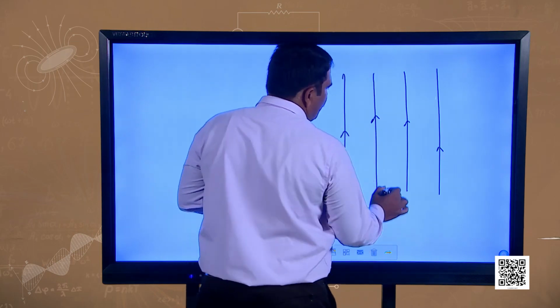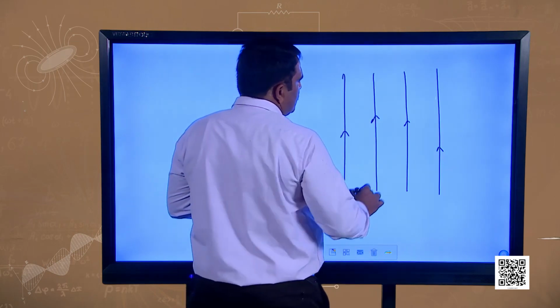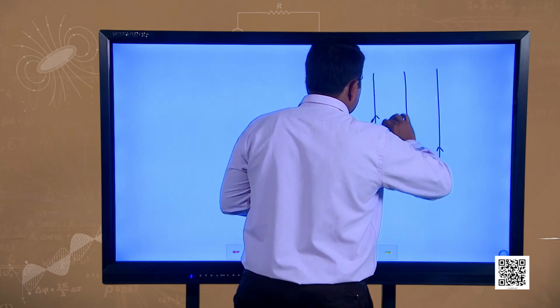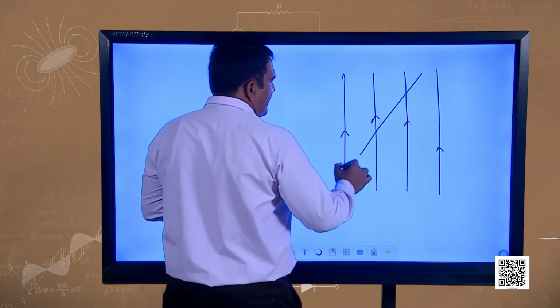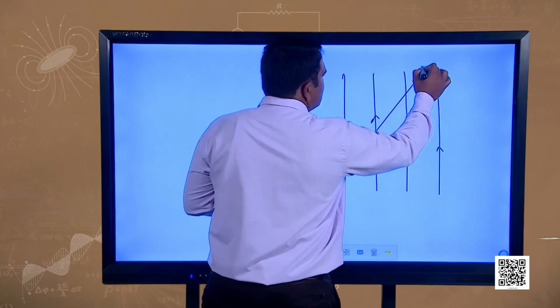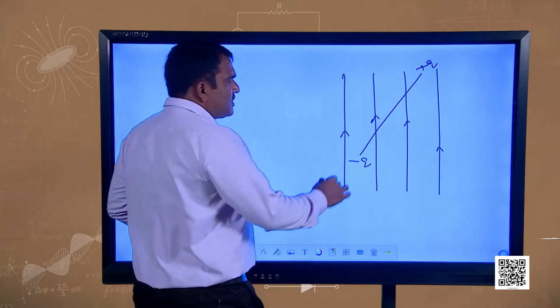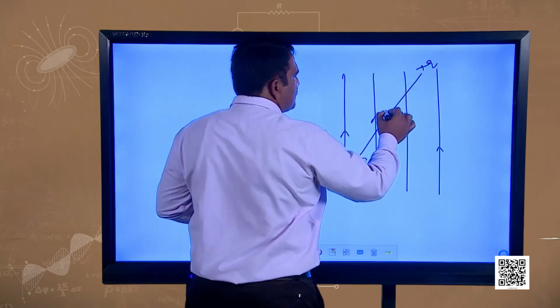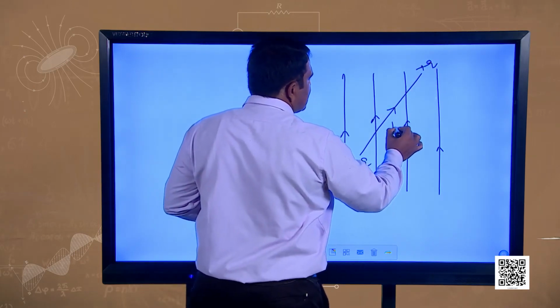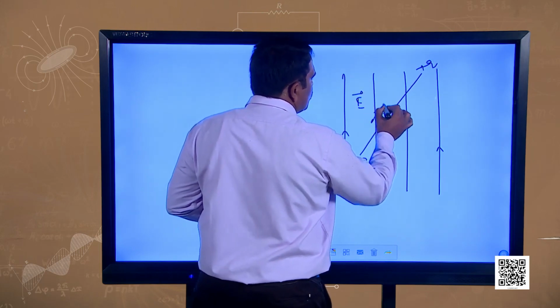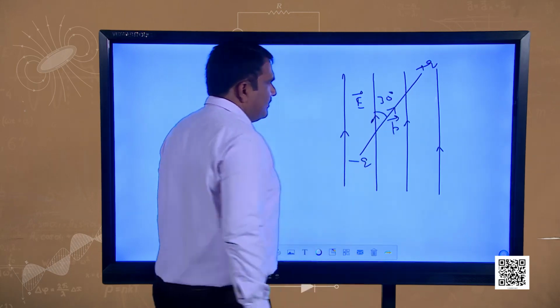Suppose this is the direction of the electric field. So, the dipole moment should make a 30-degree angle with the direction of the electric field. Suppose this is minus q, this is plus q, this is your dipole, and the direction of the dipole moment is from negative charge to positive charge. This is the direction of P, this is the direction of E. So, this angle should be 30 degrees.